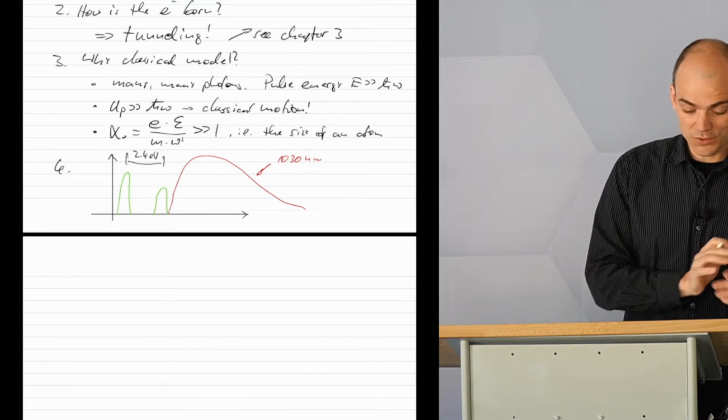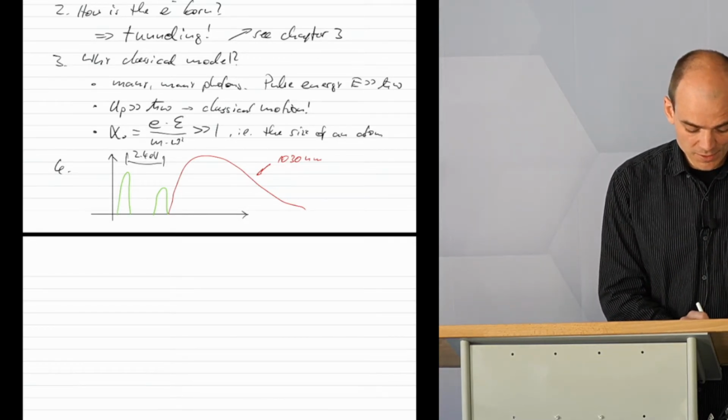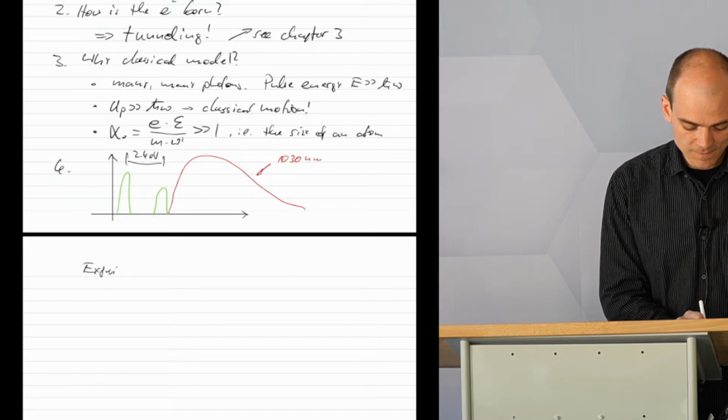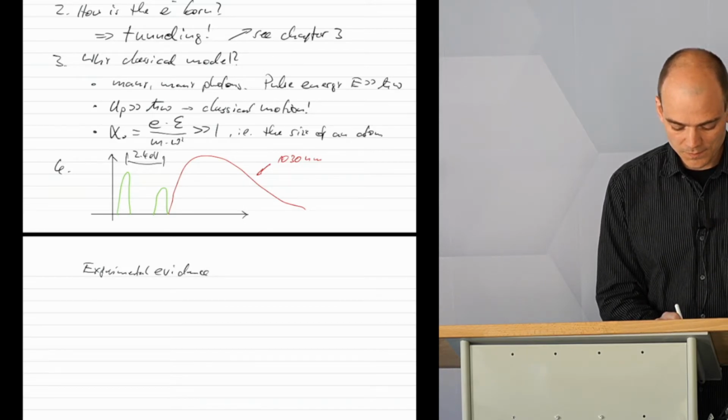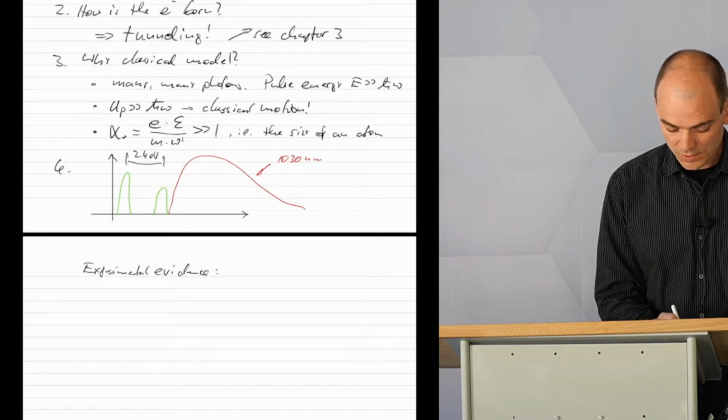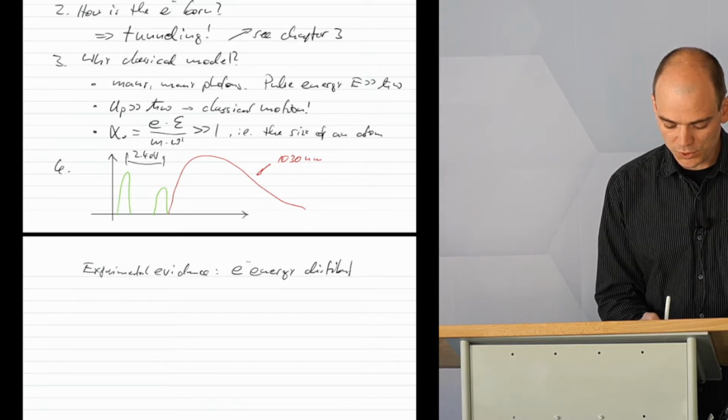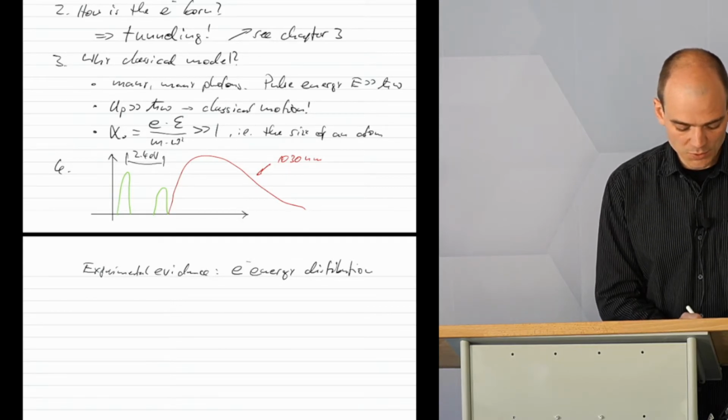So the experimental evidence is on our side: the electron energy distribution may be continuous.